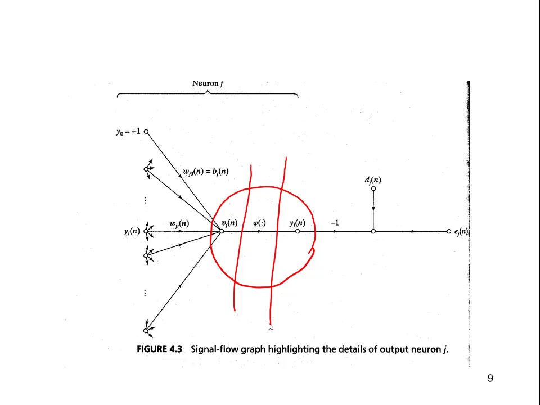From here we can say Vj is equal to the summation of Wji multiplied by Yi. Okay, and phi of Vj we can consider as our activation function, and Yj is nothing but the output, phi of Vj.